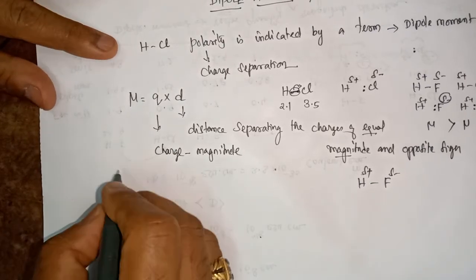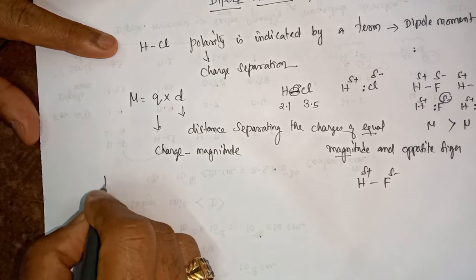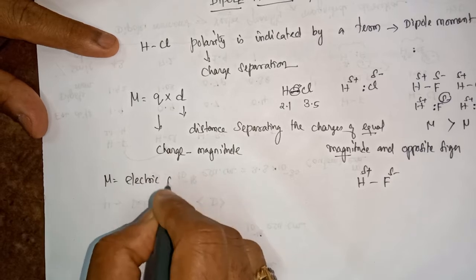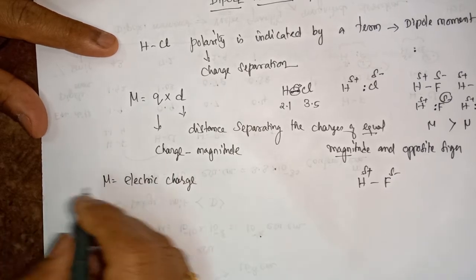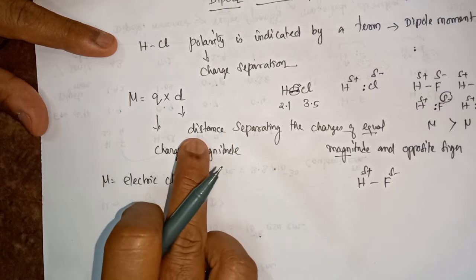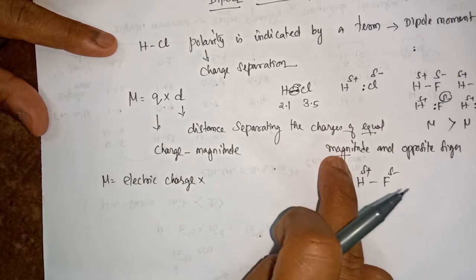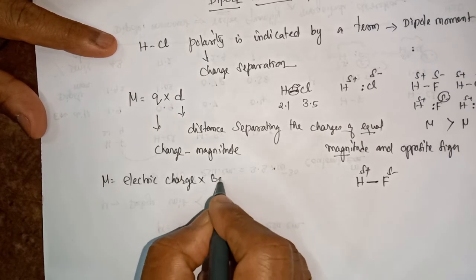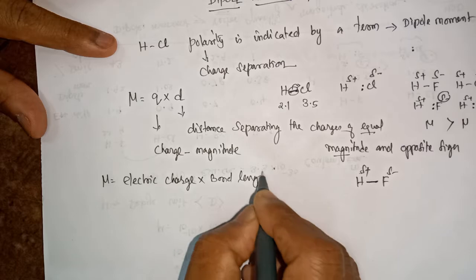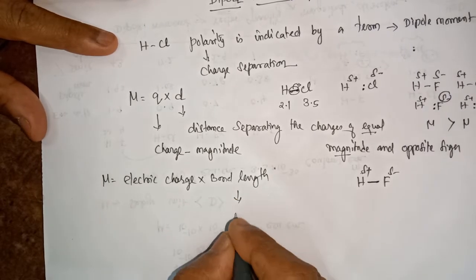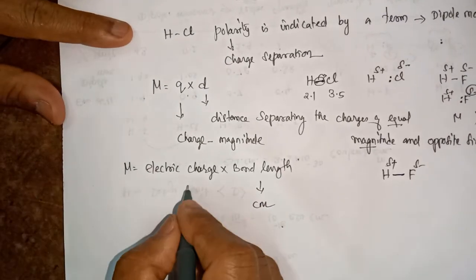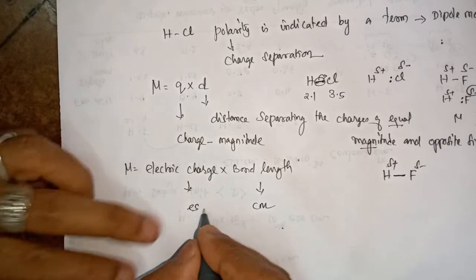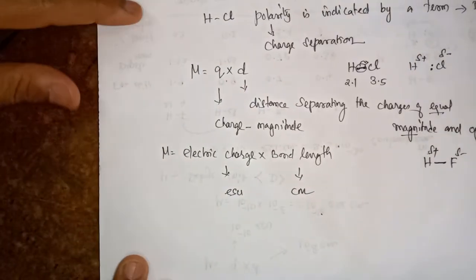This is usually written as Q is equal to electric charge, into, instead of writing the distance separating the charges of equal magnitude and opposite sign, the bond length. Usually bond length is given in centimeter. Electric charge is given in the electrostatic system of units, ESU.